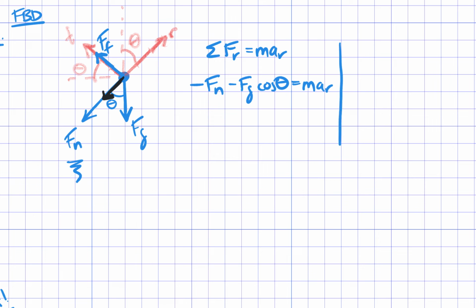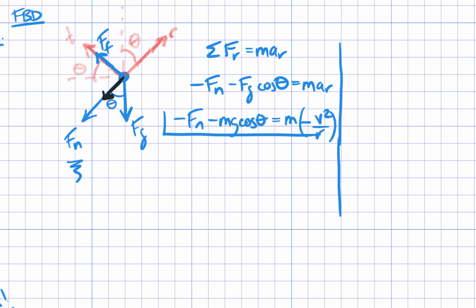All right, so let's see here. So we'll start expanding. So negative force normal minus mg cos theta equals m times a_r, which is confusing, but at least it's easy mathematically. It's always inwards, so it gets a negative sign. And we do v squared on r for all of these because r omega squared is great, but not useful for this problem.